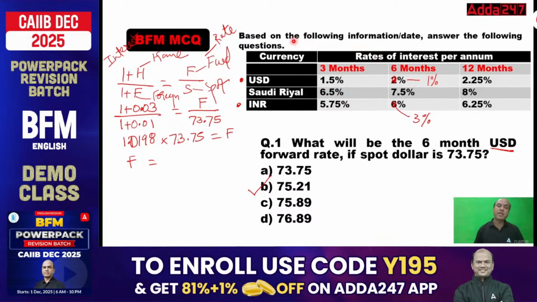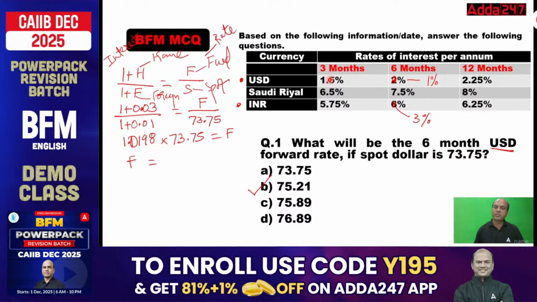Based on the following information, answer the following questions. Information is given: currency, USD, Saudi Riyal and INR. Three currencies are given, with rate of interest per annum for 3 months, 6 months and 12 months.